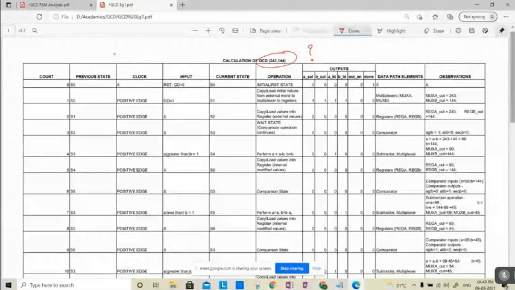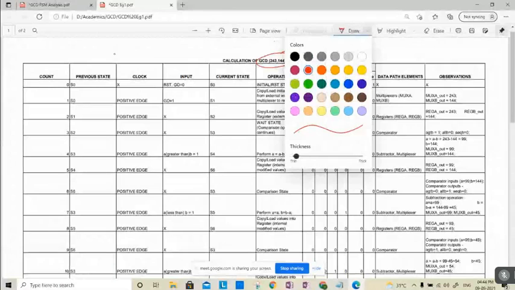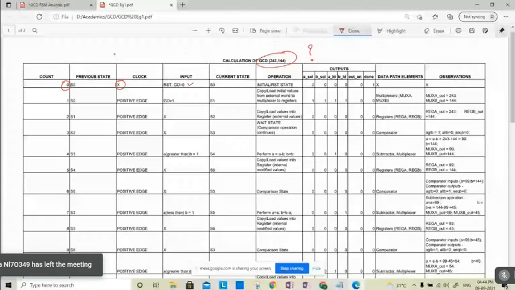Right, the same I have presented here properly with the help of examples. What is happening across each and every state? Count 0: clock is not given, or go is not given, or we have given the reset value as 1. What happens? S0 stays. Data path elements are not involved here.